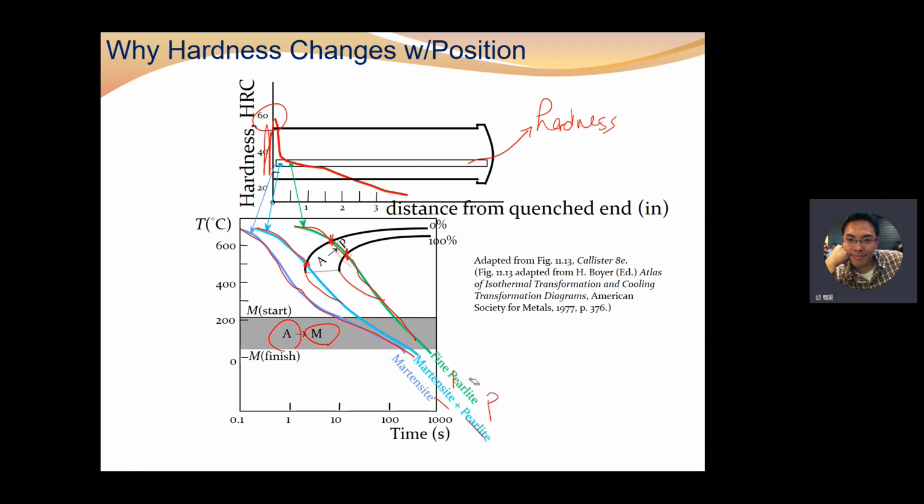So what does this cooling curve tell us? That means at this point, its microstructure is fine pearlite, right? Because, as I say, at this point the austenite completely transforms to pearlite.